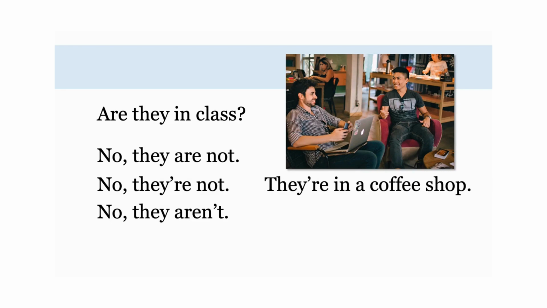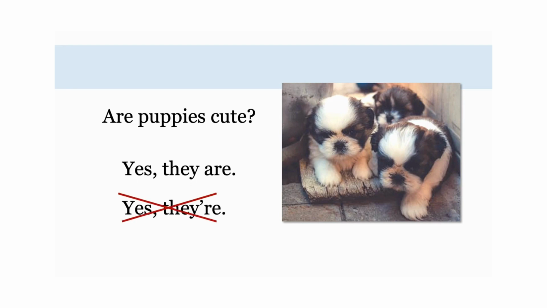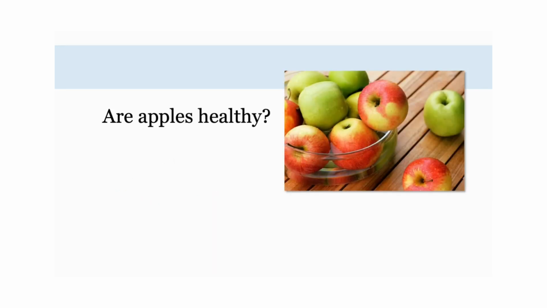They're in a coffee shop. Are puppies cute? Yes, they are. Maybe you want to write yes there, but this is incorrect because we don't make a contraction with those yes answers. It doesn't work. Are apples healthy? Yes, they are.